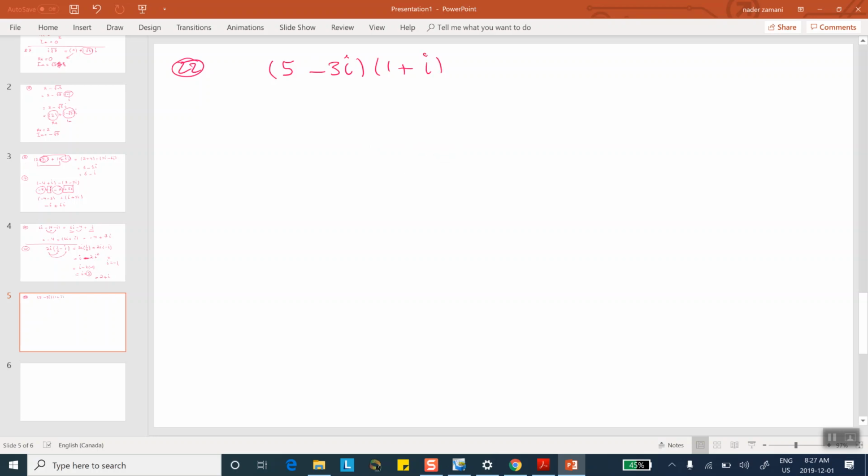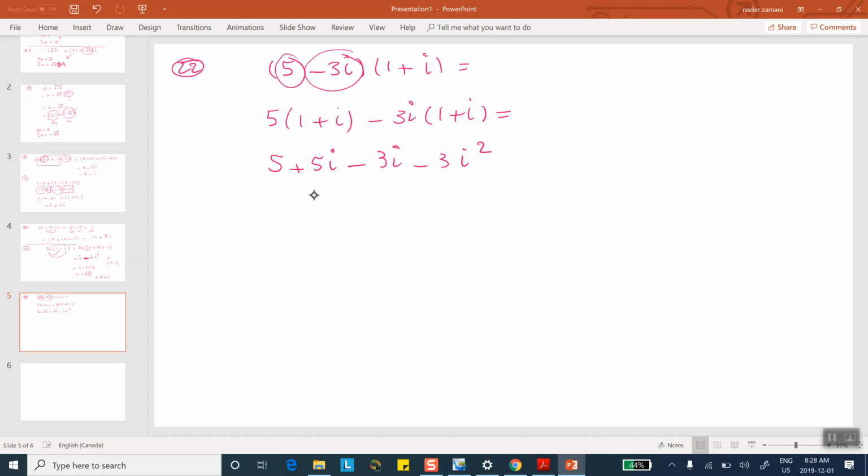The foiling process is just like what you did in algebra. In other words, it's going to be equal to 5 times 1 plus i, minus 3i times 1 plus i. So it's going to be this foiled into that term, and then do a cleanup. 5 plus 5i minus 3i minus 3i squared.